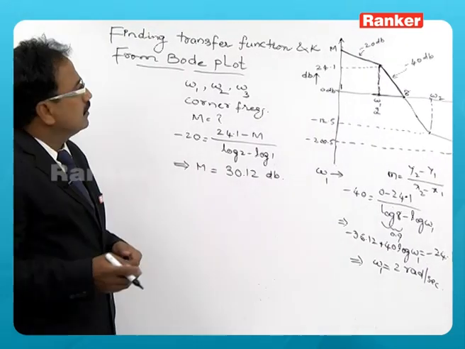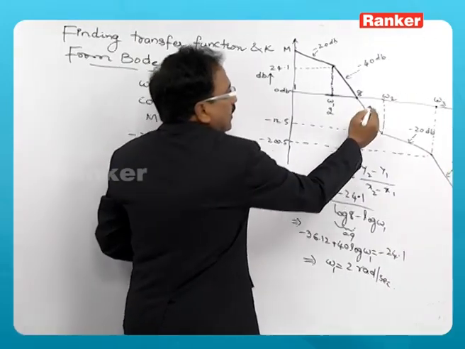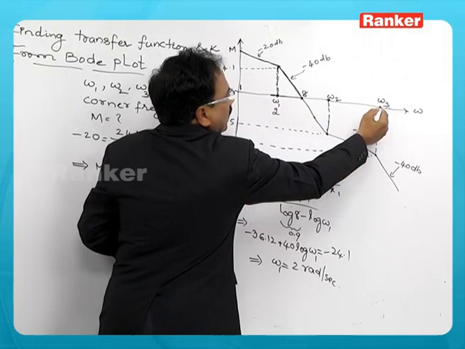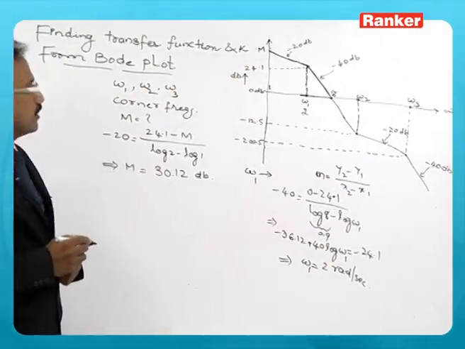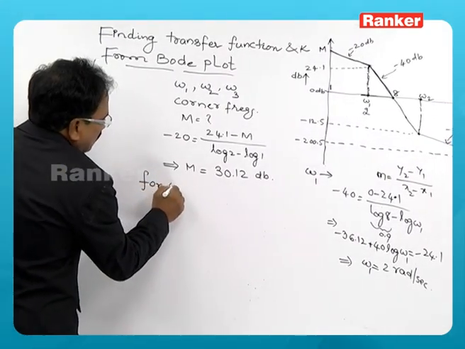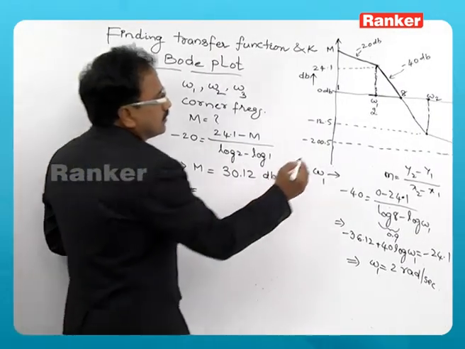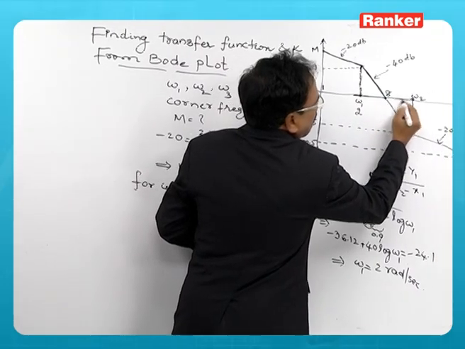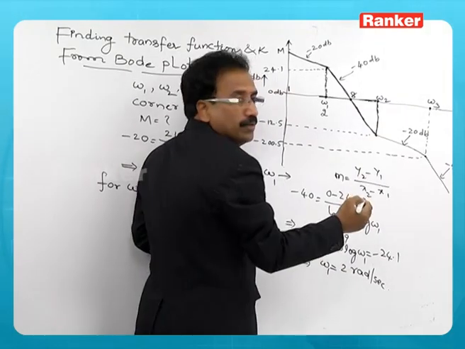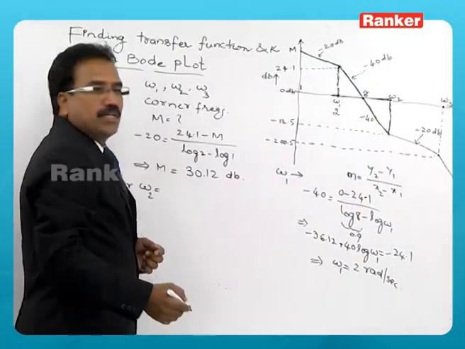In a similar fashion, we need to determine omega 2 and omega 3. They are the next corner frequencies. For omega 2, you need to consider this portion. What is this slope? This slope is again minus 40.